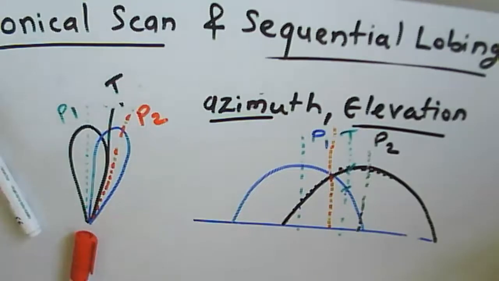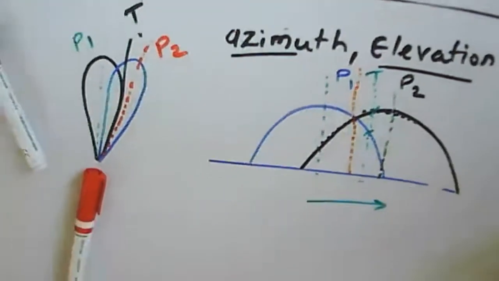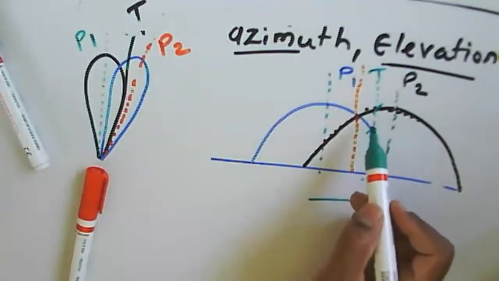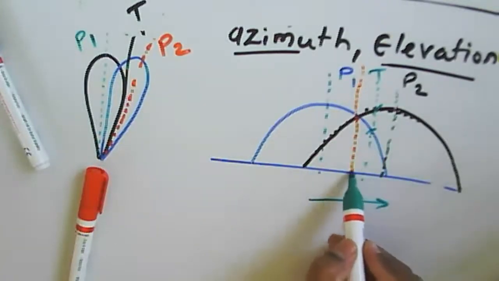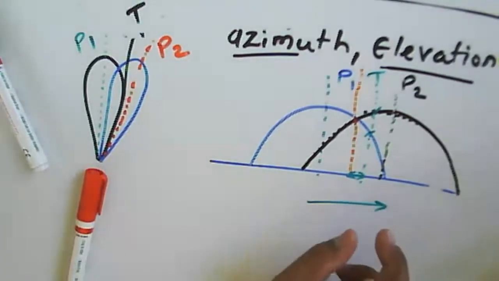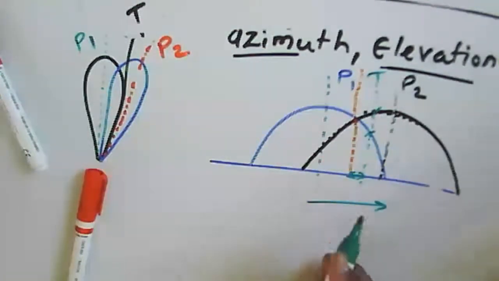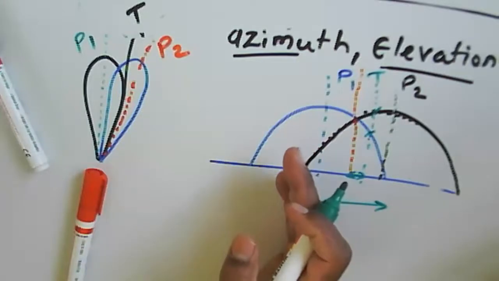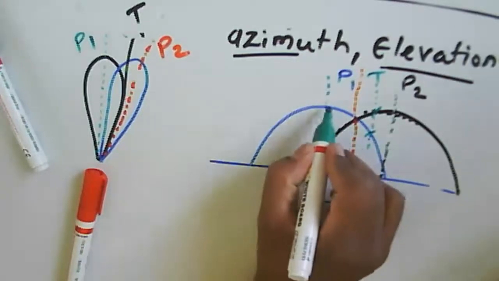Right now, if I consider that the target is moving towards this direction because it is present in P2 now. The position is changed, and from this to this we can find out the measurement in terms of angle. The angle is varying, in this direction. If you consider this in terms of amplitude, what will be the amplitude at this position?